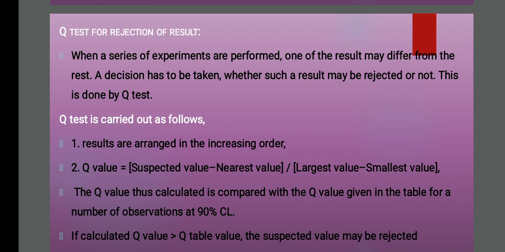What you have to do here is carry out a series of experiments. After doing them, one of the results may differ from the rest, and a decision has to be taken whether the result should be rejected or taken into account. This is done by the Q test. After doing a number of experiments, we have to decide which results to take and which to leave.